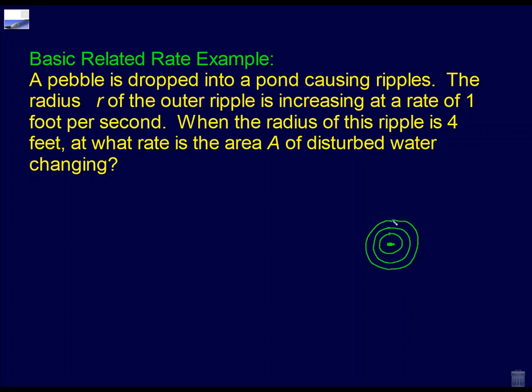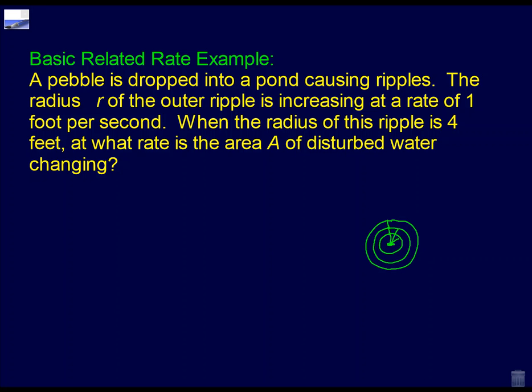Now, waves travel in water at a constant speed. So what's going to happen here is that outer circle is going to grow. The radius of that circle is going to grow at a constant rate.